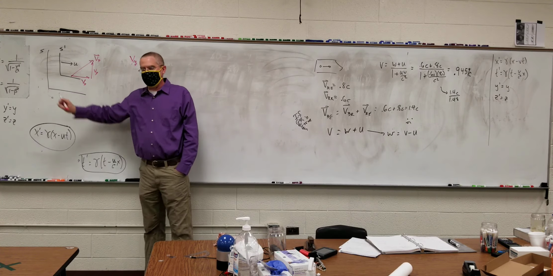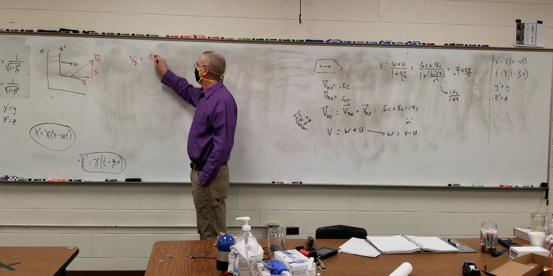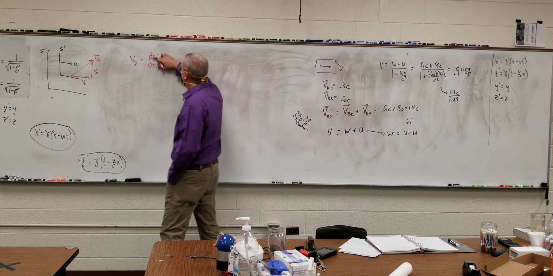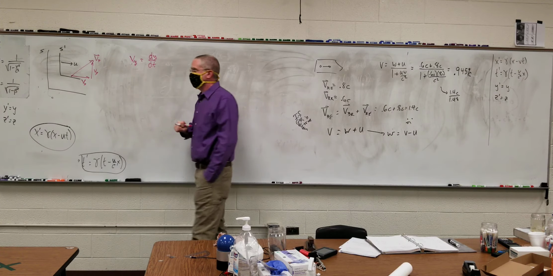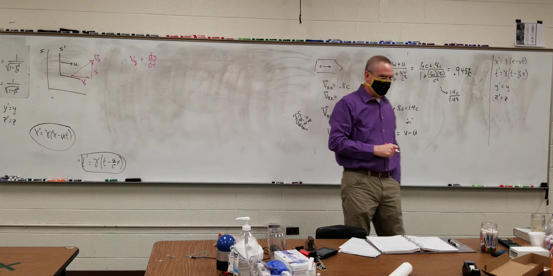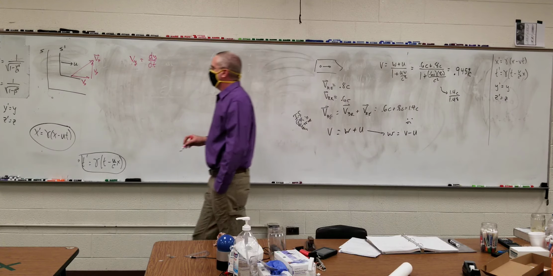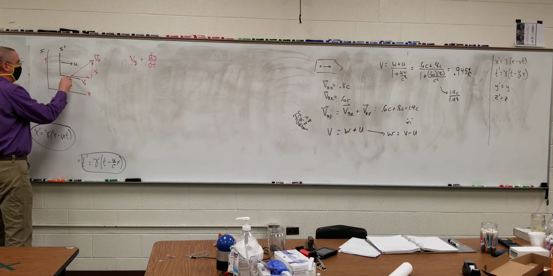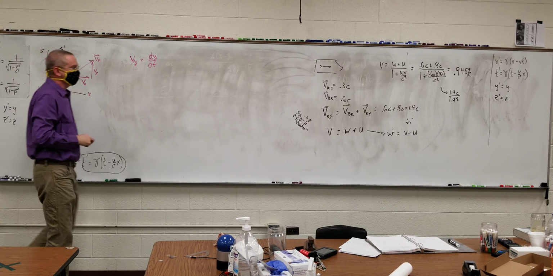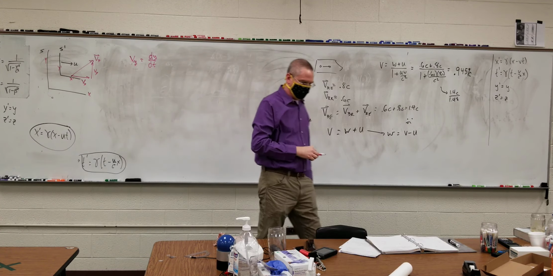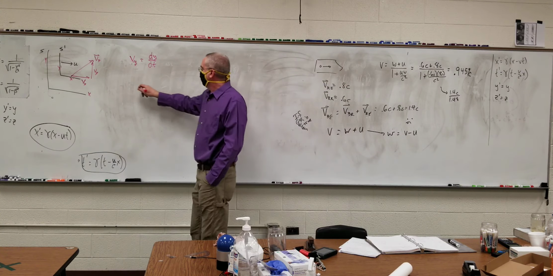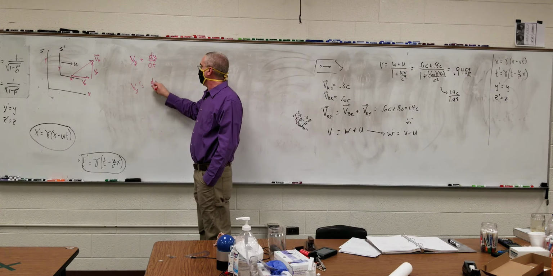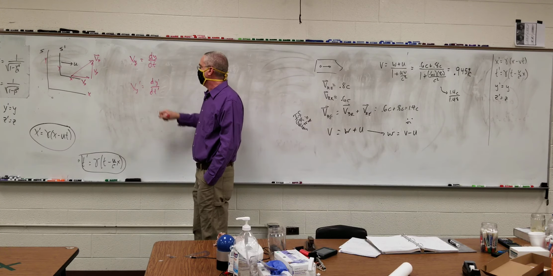So v sub y in the S frame is just dy/dt. Assuming, I guess I should label it, x, y, x prime, y prime. v y prime is equal to dy prime over dt prime.